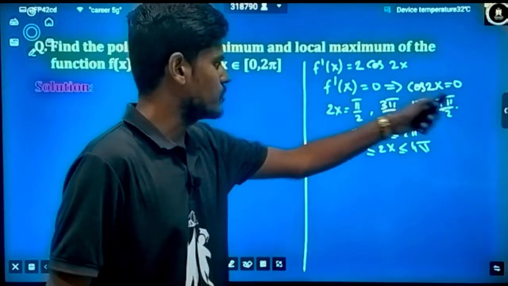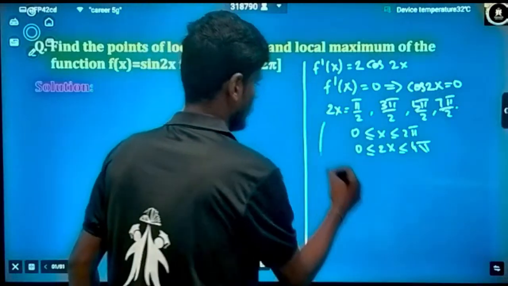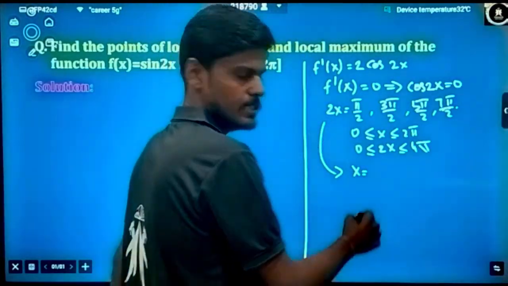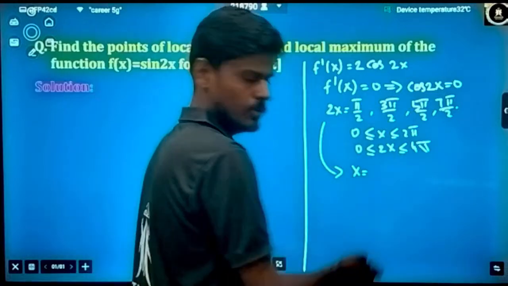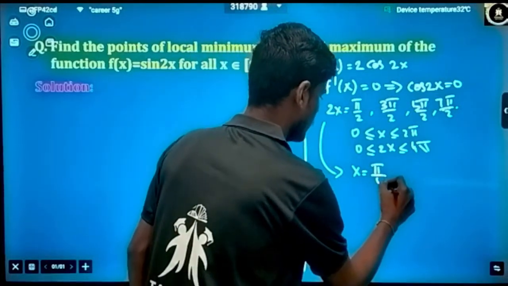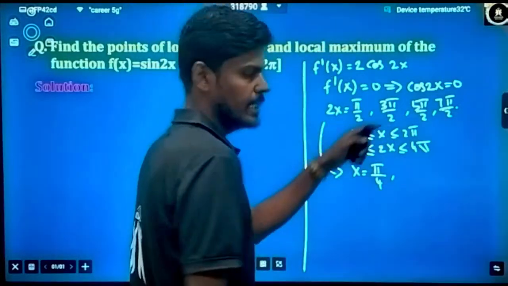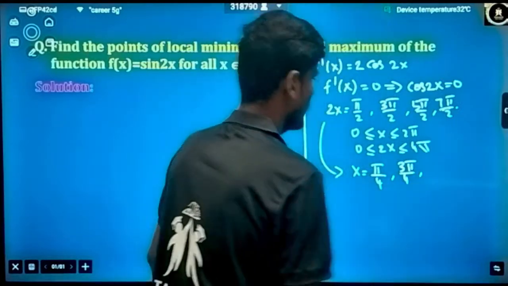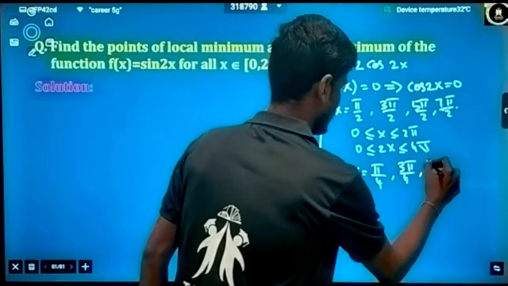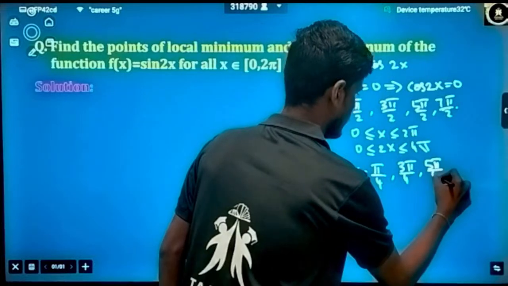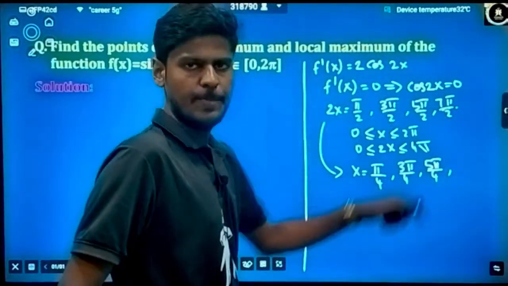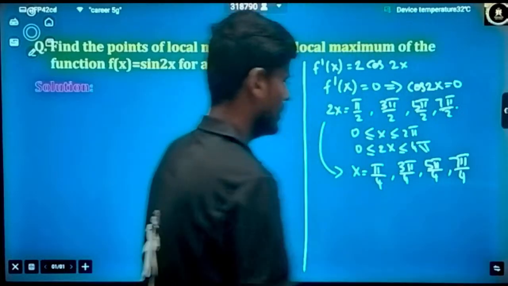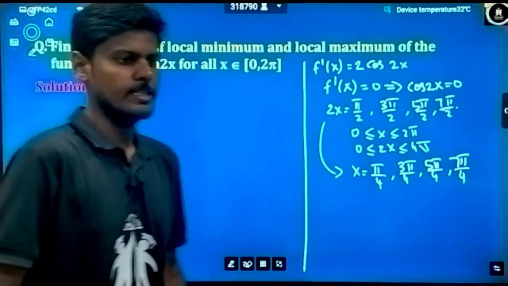How many values are there, students? 4 values, which means x will be equal to, just divide by 2, then we will get pi by 4, 3 pi by 4, 5 pi by 4, 7 pi by 4. Now we have got 4 values for x.